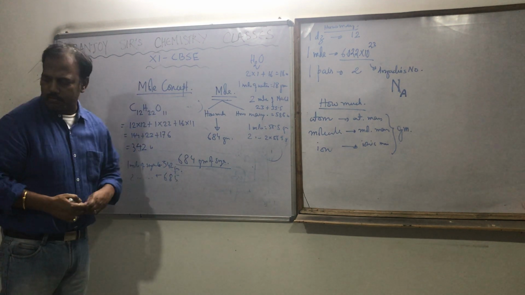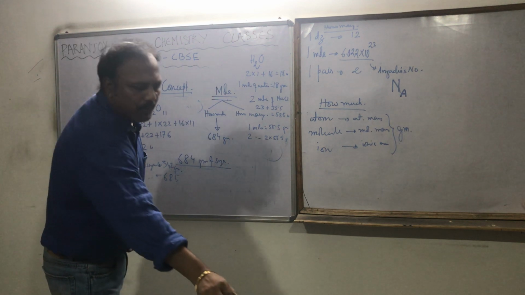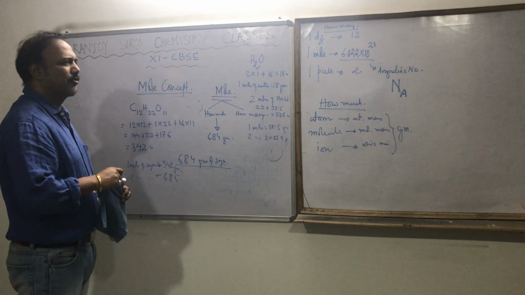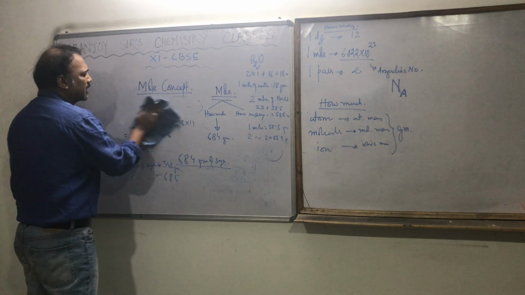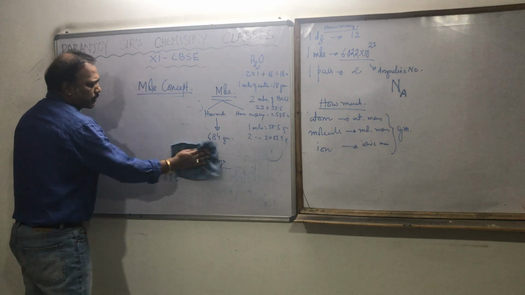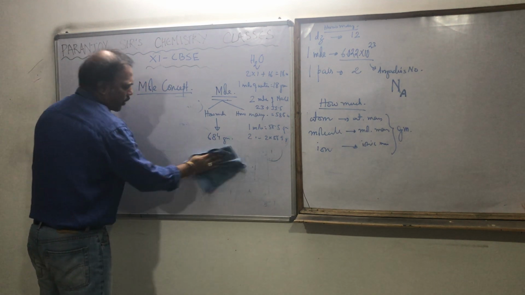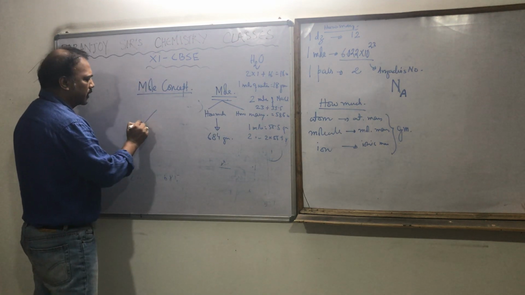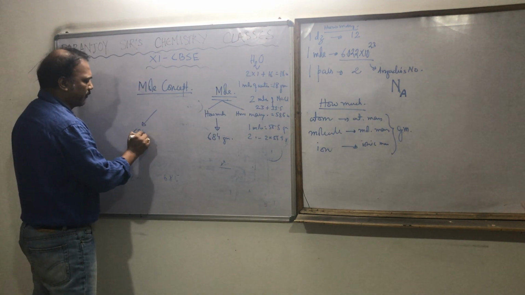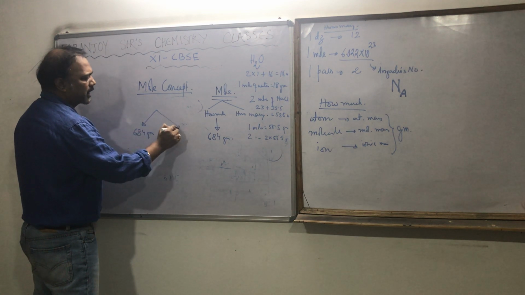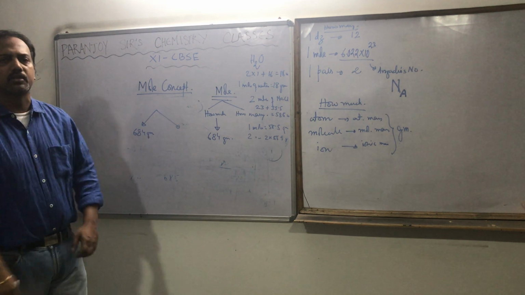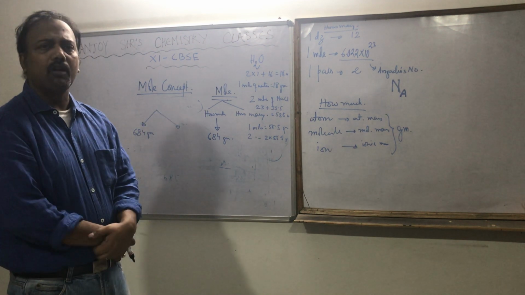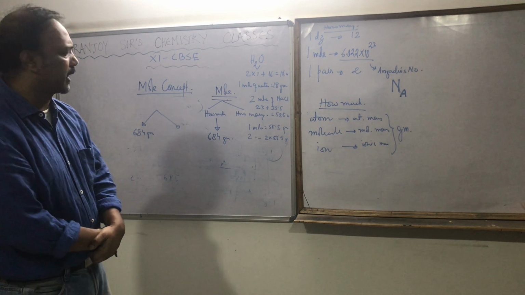I told you to bring 684 gram of sugar, and then after coming back I asked you how much sugar you brought. You told, sir, 684 gram. Now I asked you how many sugar molecules did you bring?